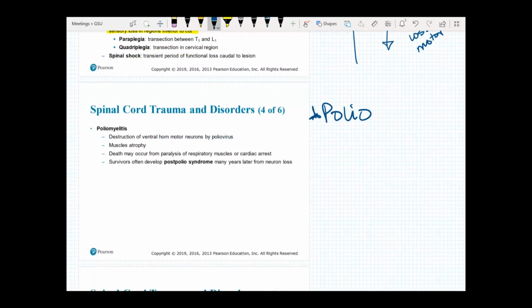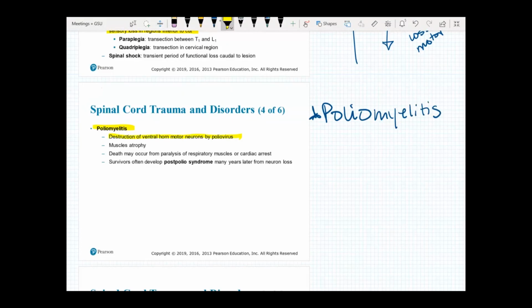But polio is a disorder of the nervous system, and the technical full name of polio is poliomyelitis. So it is going to be where we are affecting the health of the nervous system and the spinal cord. Basically, what it's really doing is destroying the ventral horn motor neurons.